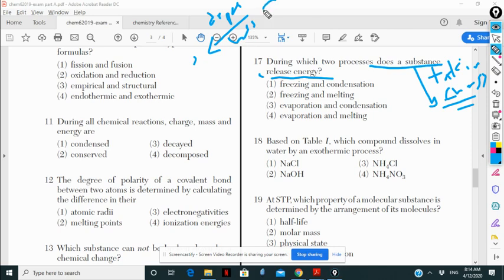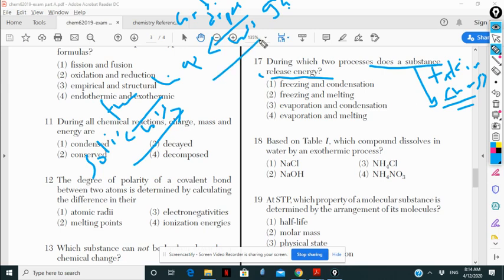So I go from gas to liquid by condensation, and after that freezing, I lose energy as I go to solid. If I'm going backward, I'm gaining energy, so evaporation and melting add energy.